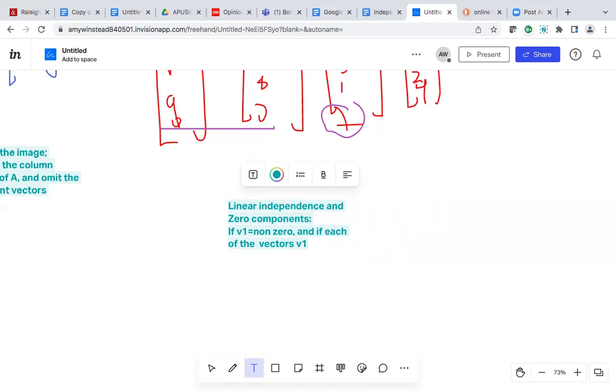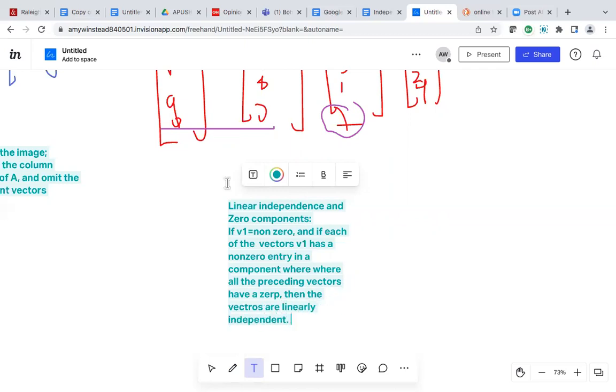Because it has to be bigger than 1, has a non-zero entry in a component where all the preceding vectors have a 0, then the vectors are linearly independent.